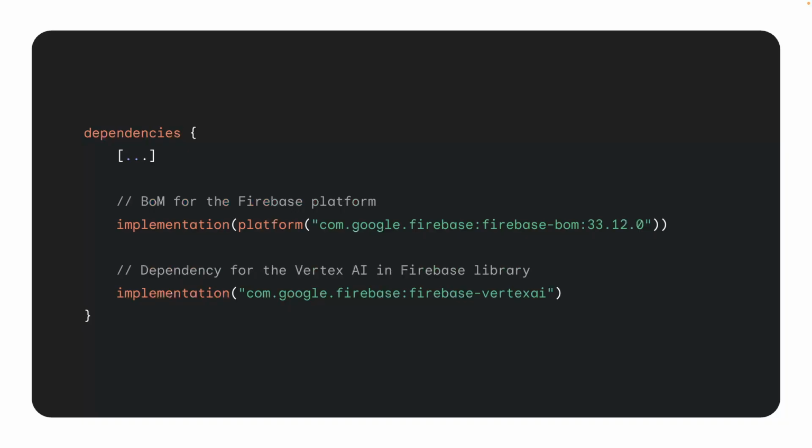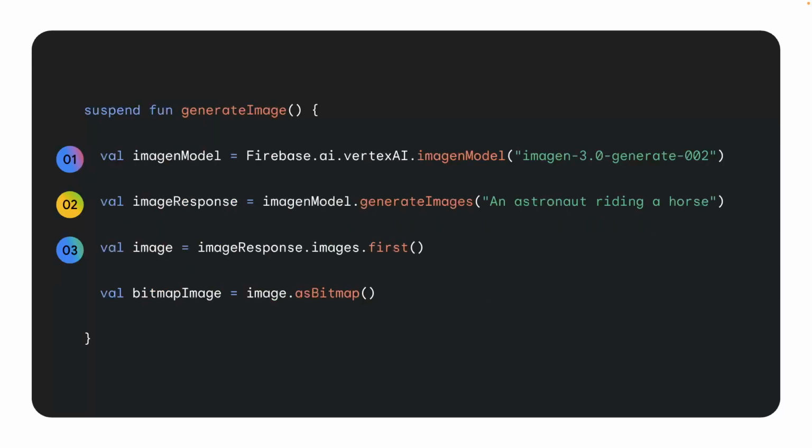And the integration of Imagen 3 into your Android app is very similar to adding Gemini access via the Firebase SDK. So start by adding the Gradle dependency to your Android project, and in your Kotlin code, you can create an image model instance by passing the model name.